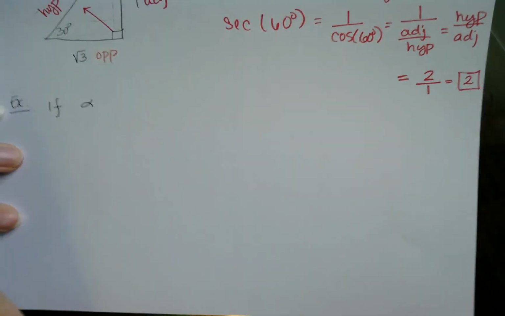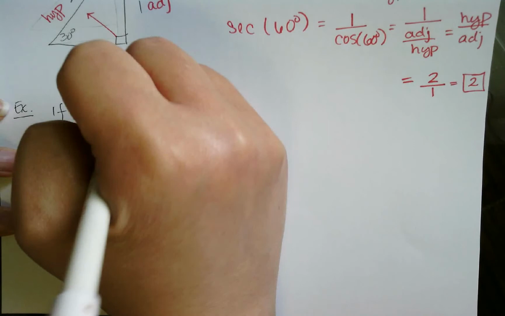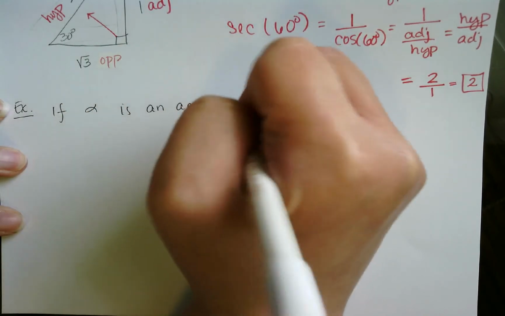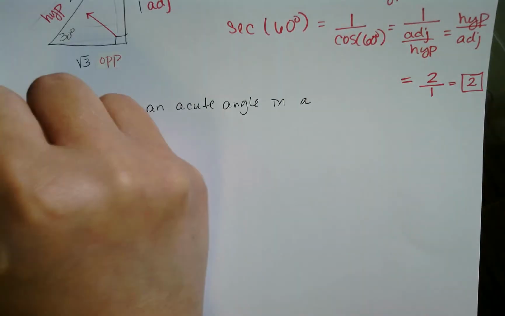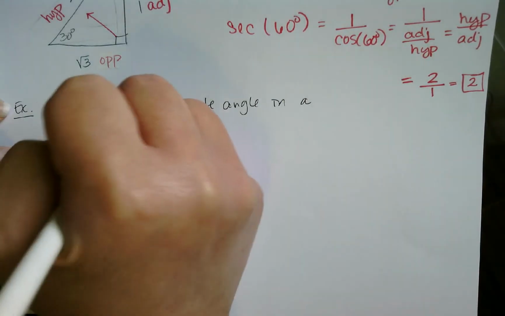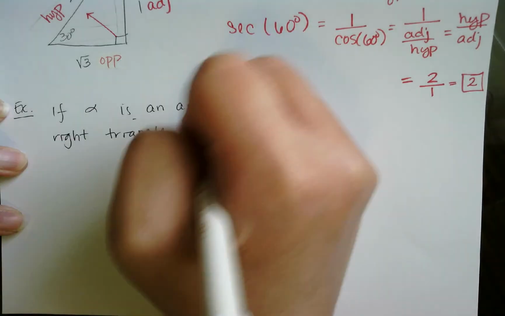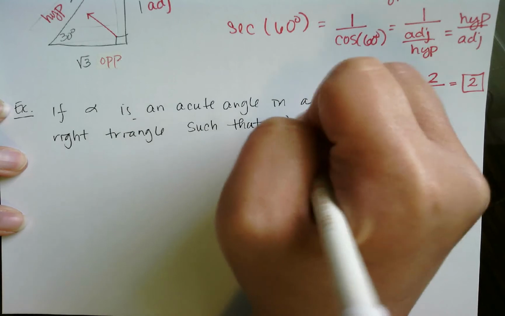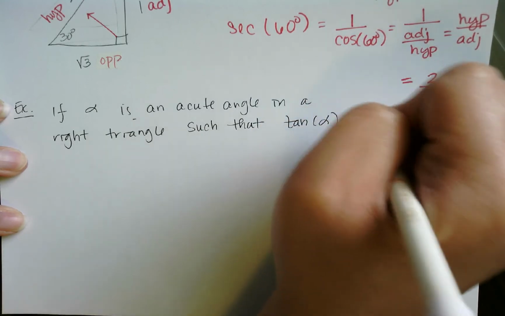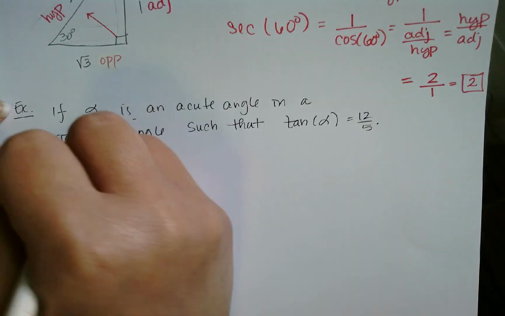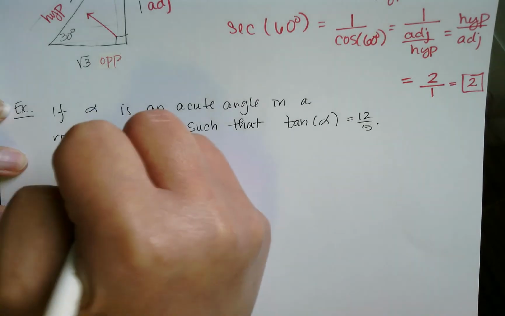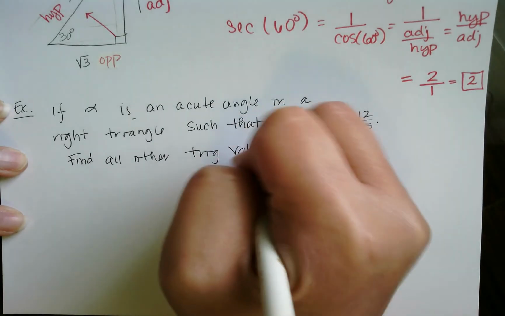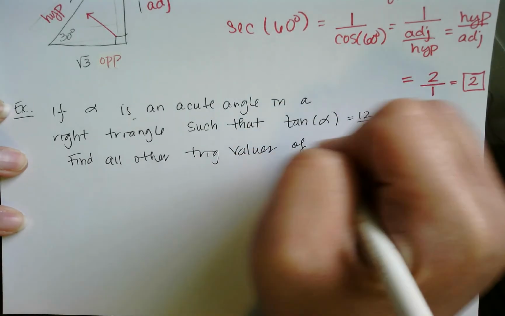If alpha is an acute angle in a right triangle such that tangent of alpha equals 12 over 5. Find all other trig values of alpha.